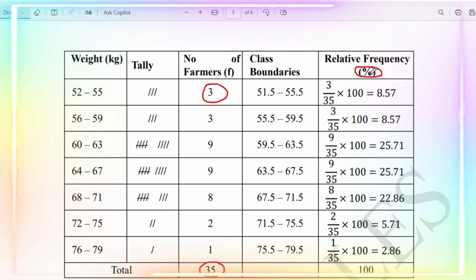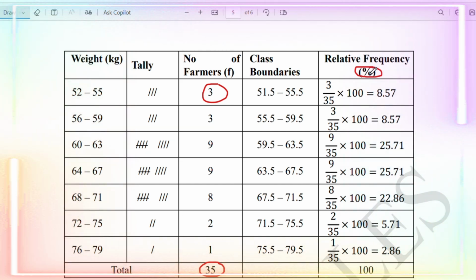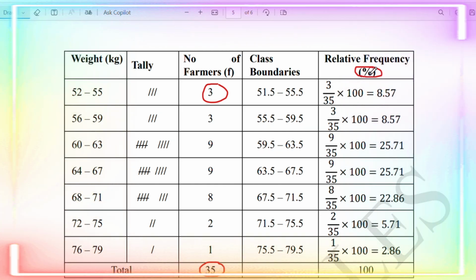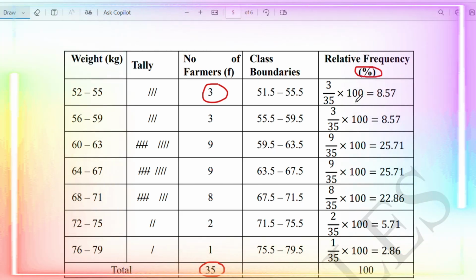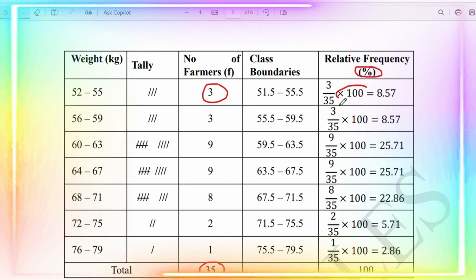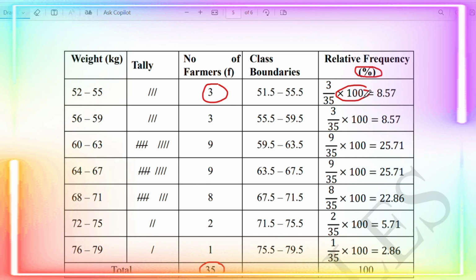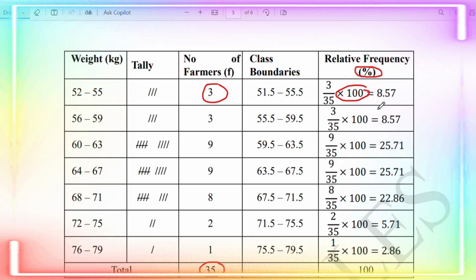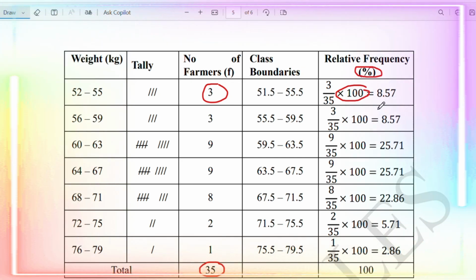Some literatures will obtain the relative frequency not in percentage, so meaning that you may not necessarily multiply this by 100, such that the value will be 0.0857 instead of 8.57.